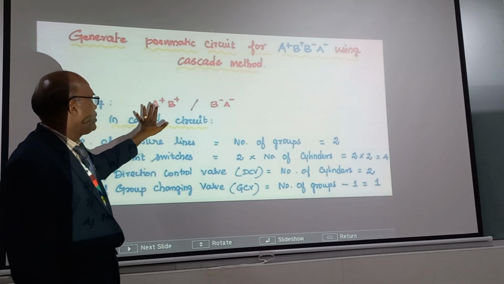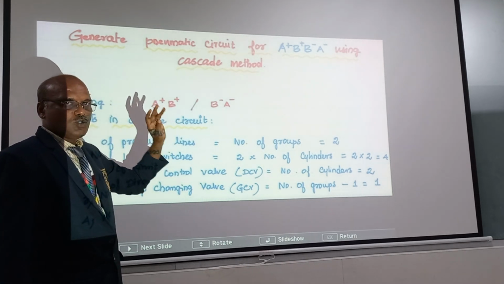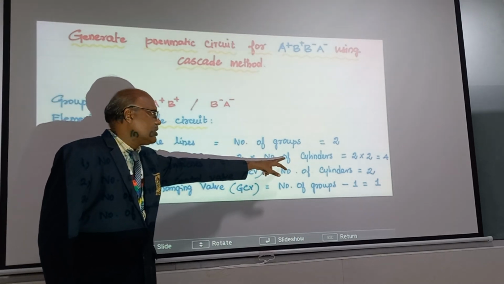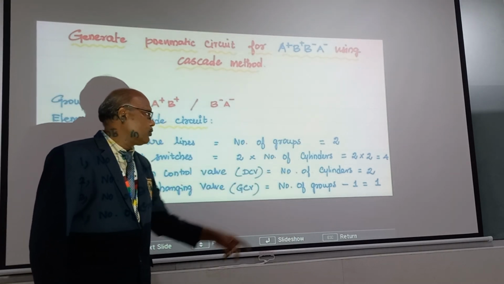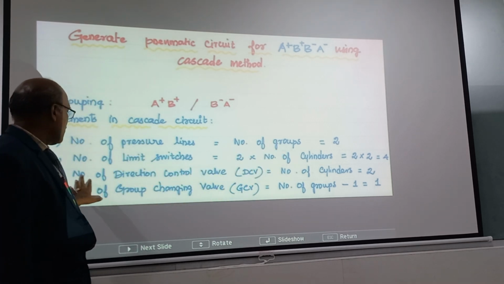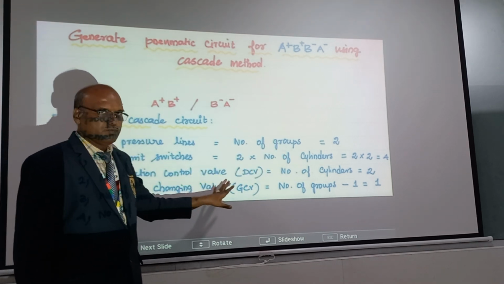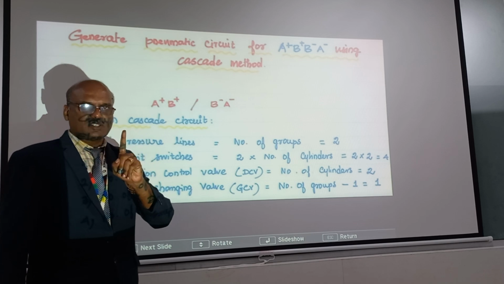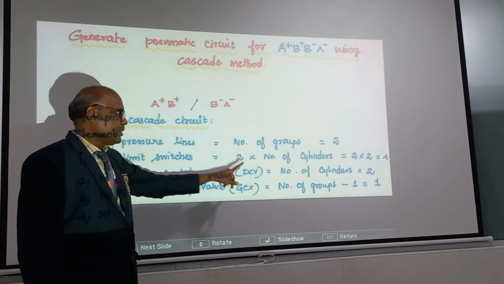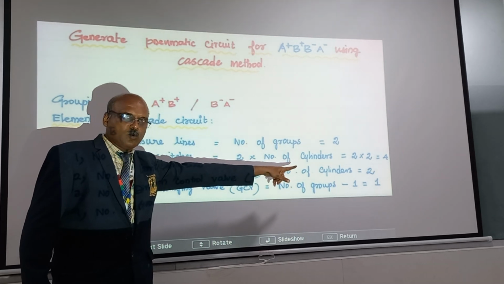We have 2 cylinders, A and B, so 2 into 2 equals 4 limit switches. Then the number of direction control valves: each cylinder requires 1 direction control valve. We have 2 cylinders, so we need 2 direction control valves.